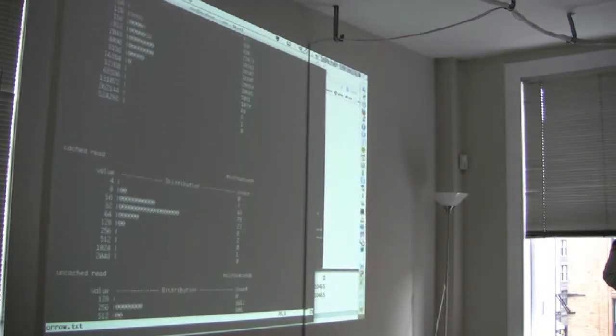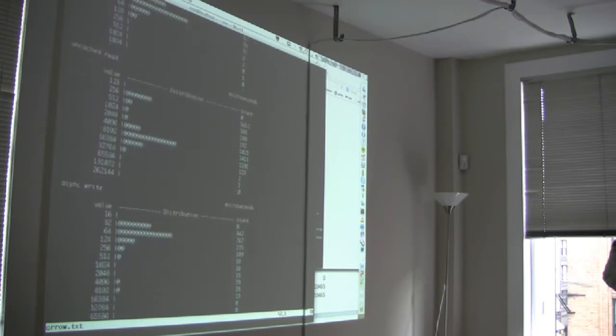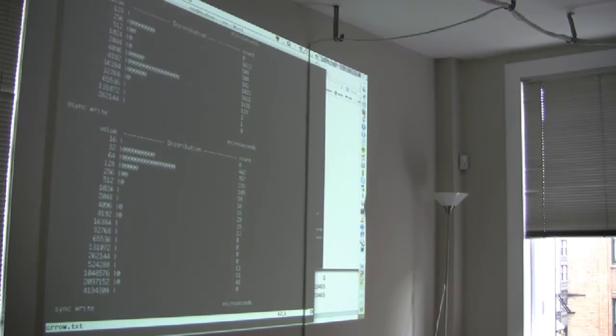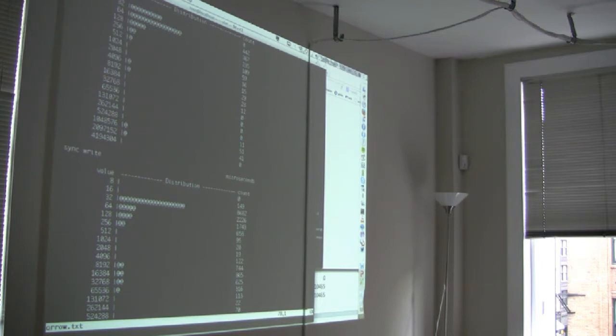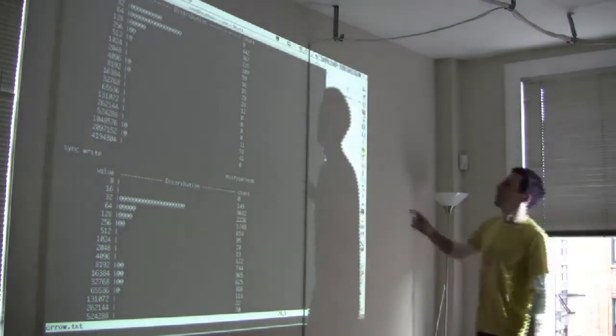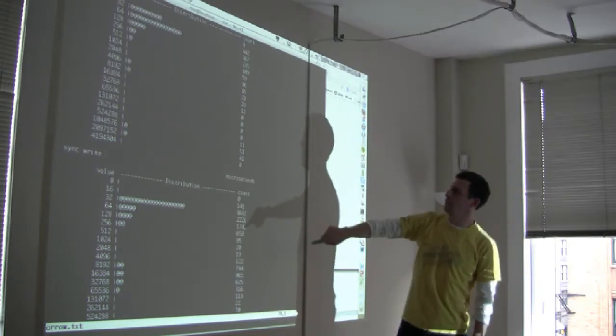Now, then we look at NFS. Cached reads look great. Uncached reads had that same bimodal distribution that we saw before. But when you get to the right, we're starting to see really awful stuff. This is on the top async writes, and these are sync writes.